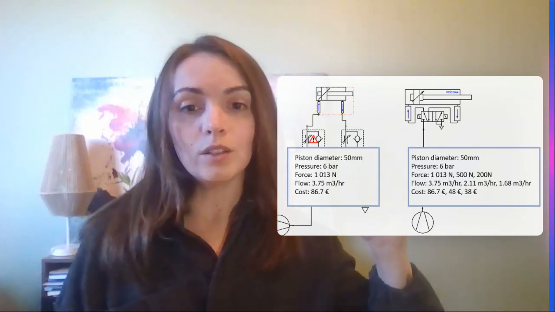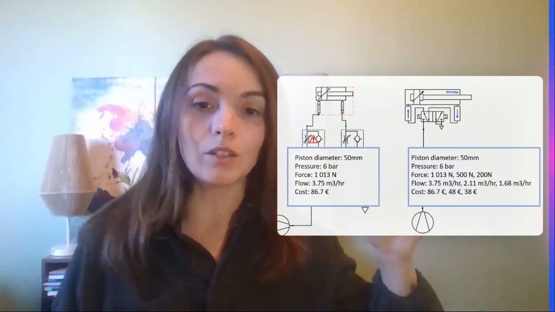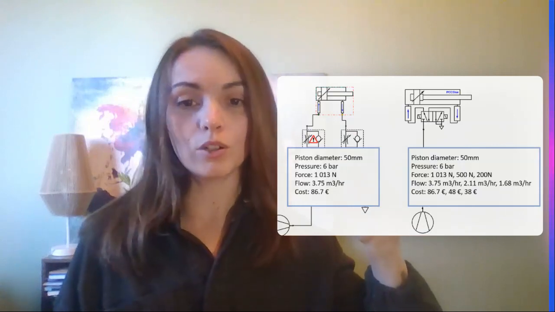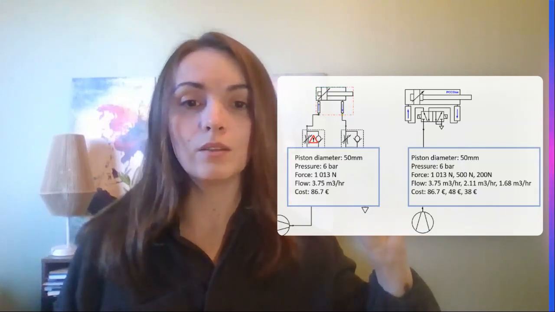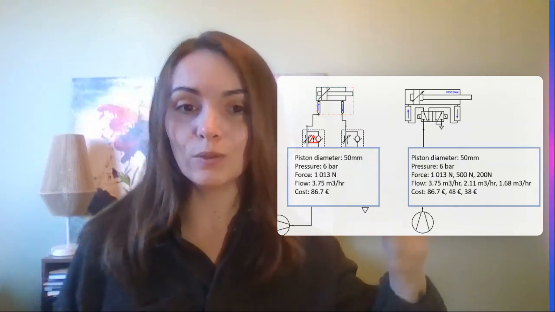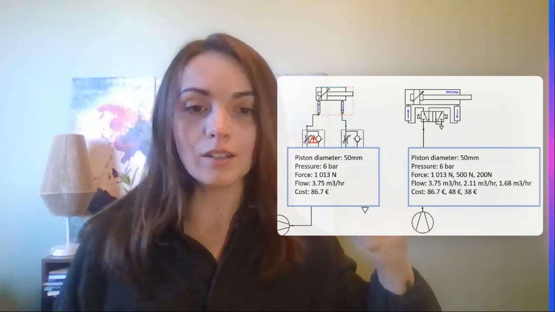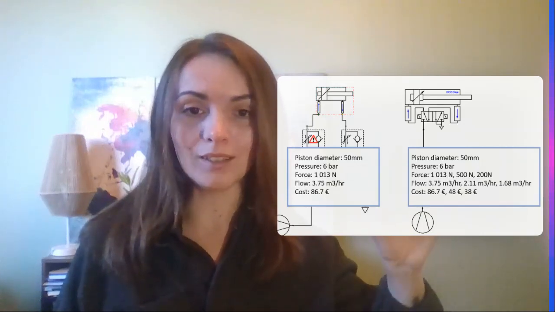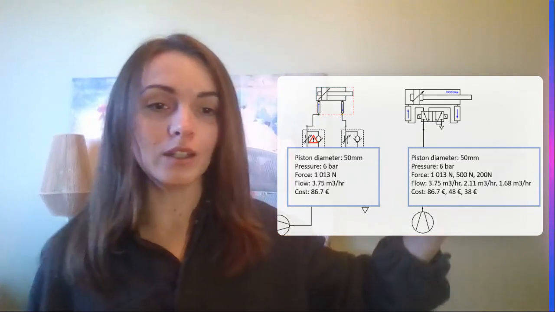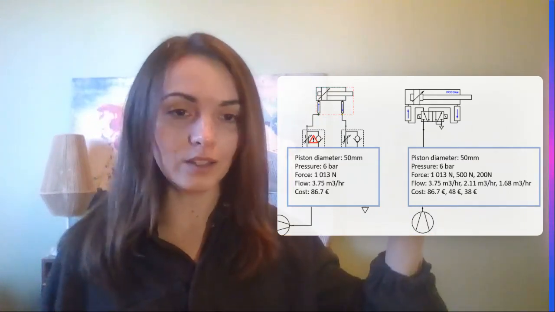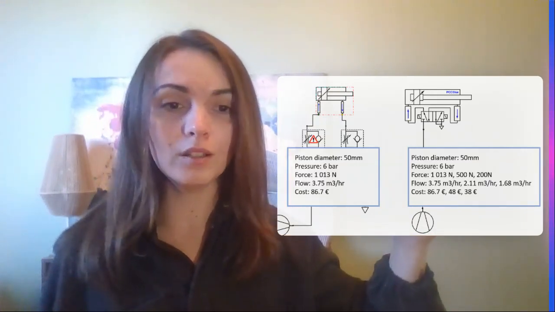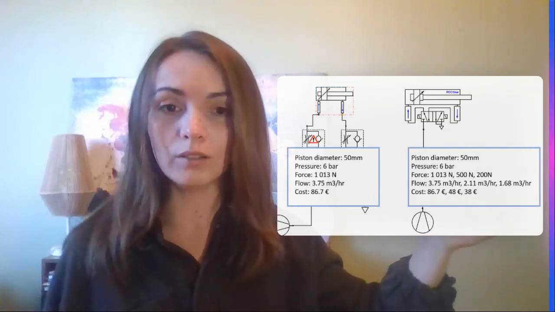So imagine that we take a cylinder with the standard diameter of 50 millimeters under the pressure of 6 bar, and it provides the standard force of 1000 newtons. This is the flow and cost that we can achieve with this. And then we take the PCC Blue cylinder, the same idea, but we also need there 500 newtons and 200 newtons.